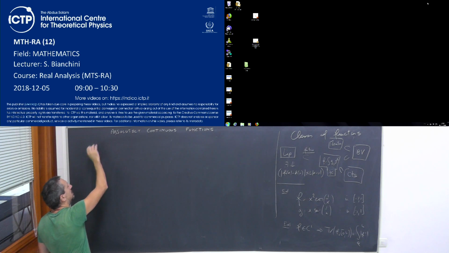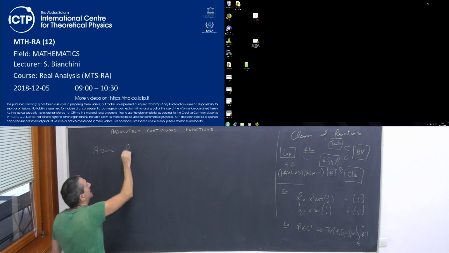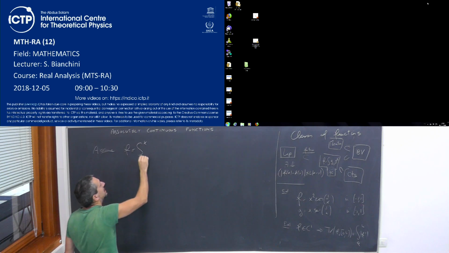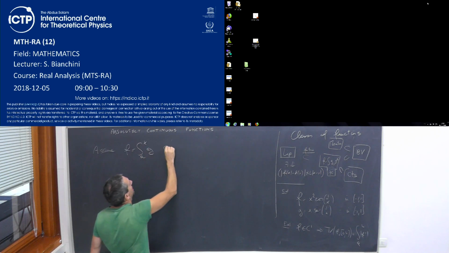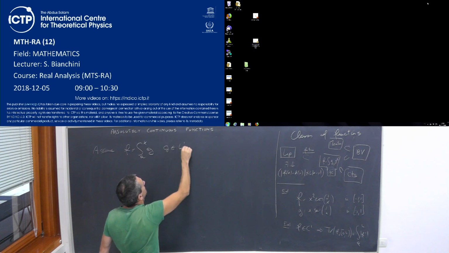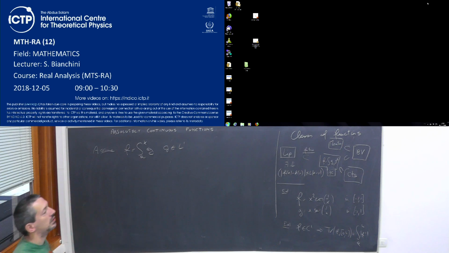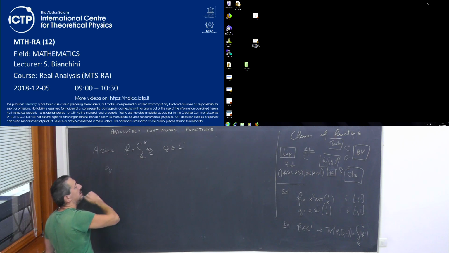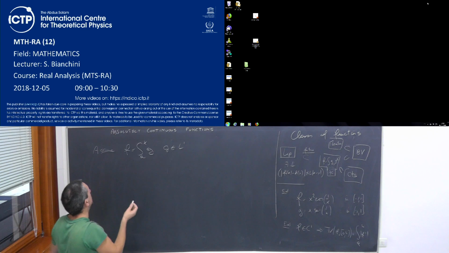So assume f is the integral of g and g in L1. So it's an integral of a function. Then the following condition holds, no?